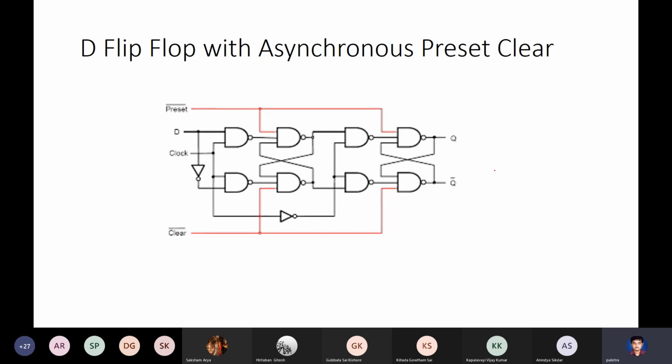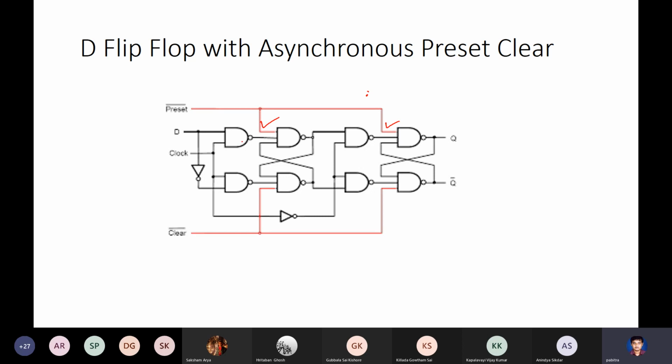So this is an example of a D flip flop circuit with this preset and clear input. As you can see, what happens here is that the latches have a third input, which is the preset clear.